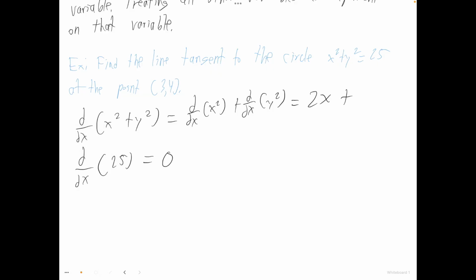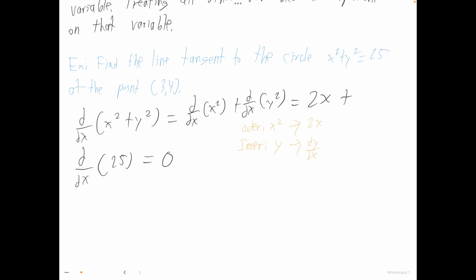And so this is where we are going to treat y as if it is a function of x. And so we're going to do a chain rule here, where our outer function is going to be the squared function because we're squaring y, and our inner function is y. And so if we take the derivatives, the derivative of x squared is 2x, the derivative of y is dy over dx.